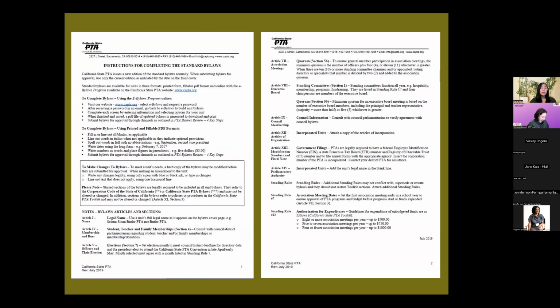Something that's new is that standing committees are not being counted in the board quorum anymore, but they will count if you have 10 or more in your association quorum. So if you're having trouble meeting quorum, that's something you might want to consider reviewing.